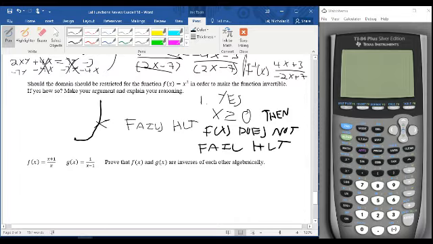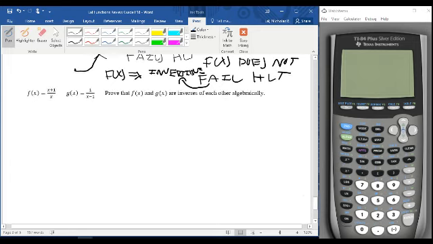So therefore, f of x is invertible. So that's generally what it's looking for. You should recognize you restrict the domain of a parabola in order to make it pass the horizontal line test.